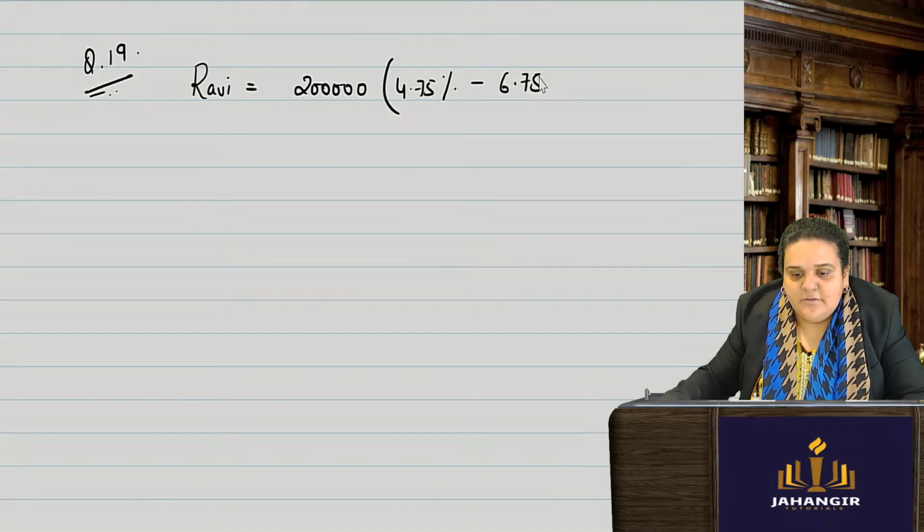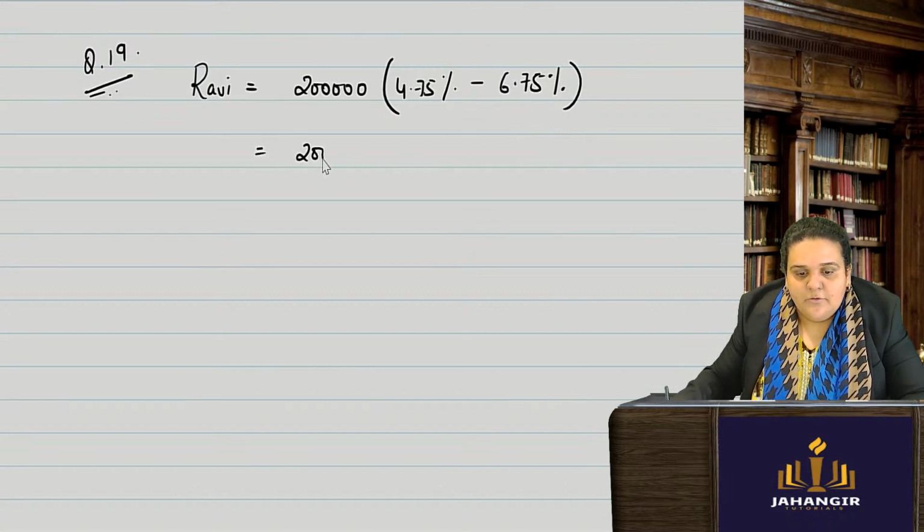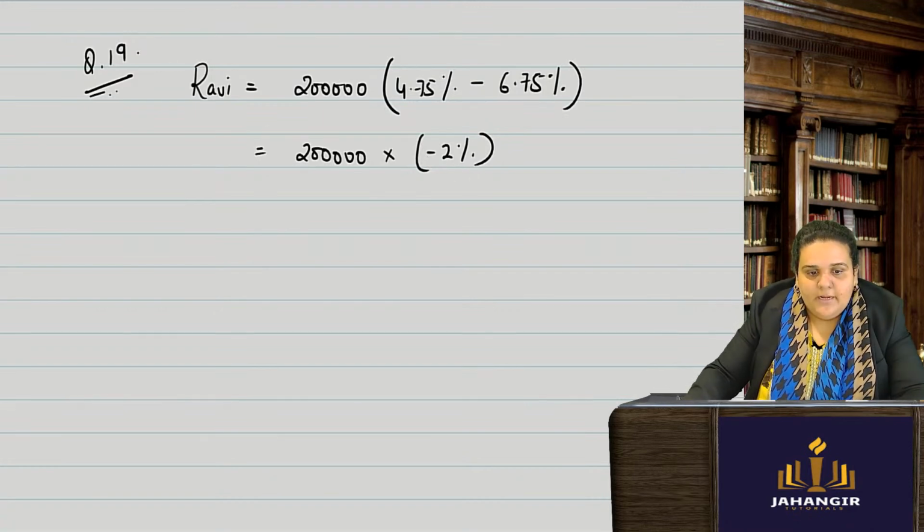So what he has invested, I am comparing that with the term deposit. So basically I will do 2 lakhs into 2%. I have to multiply that by 2%. So I am getting 4,000.